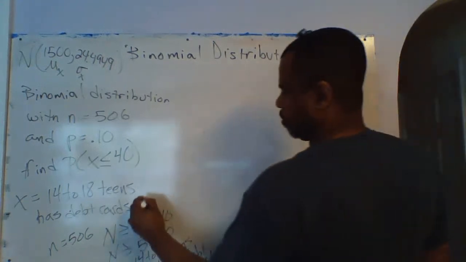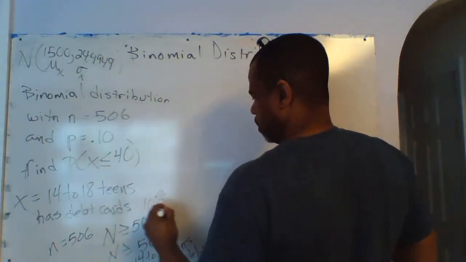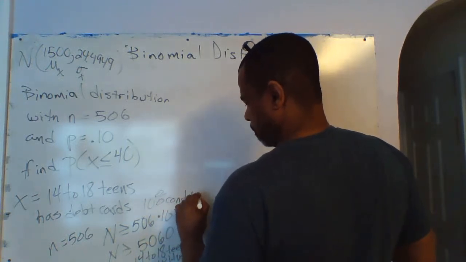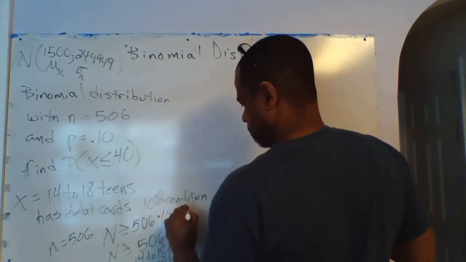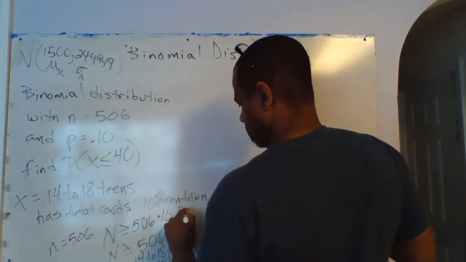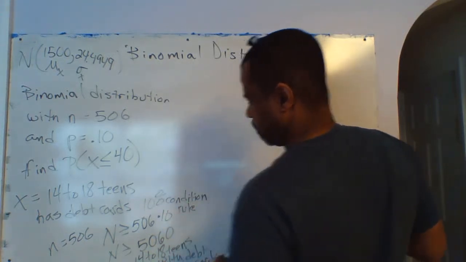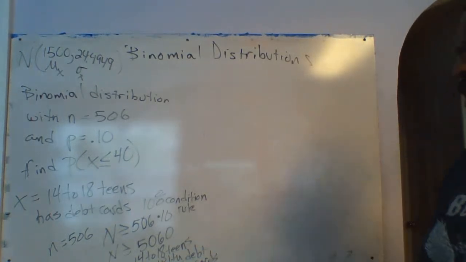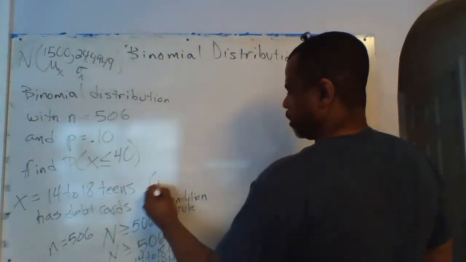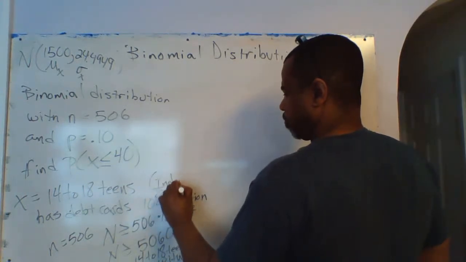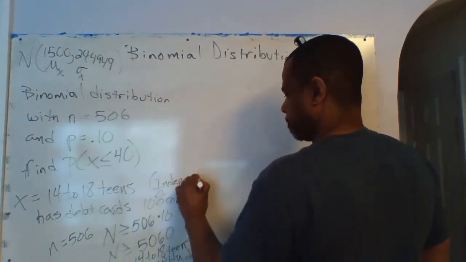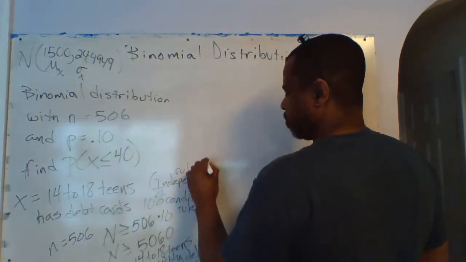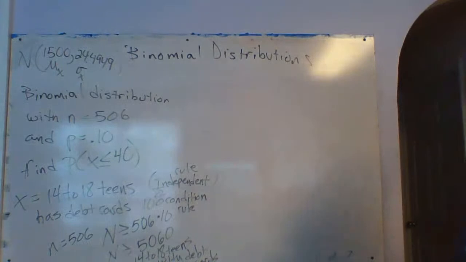And so that's going to be your 10% condition rule. And we're going to use this from now on. And so again, this is your independence. They're not saying it now, but later on, it's going to be your independence rule.